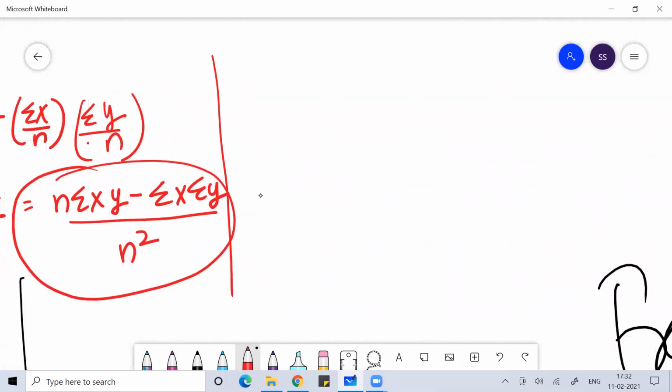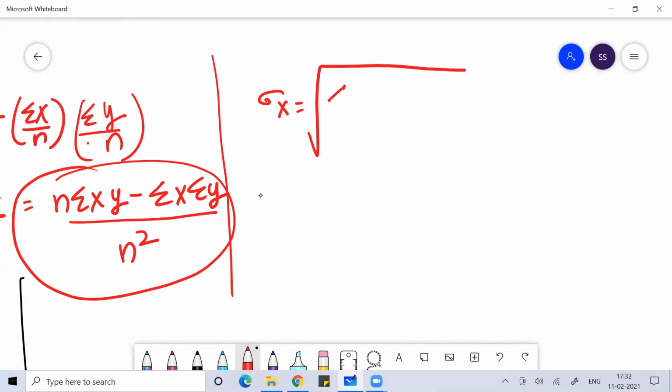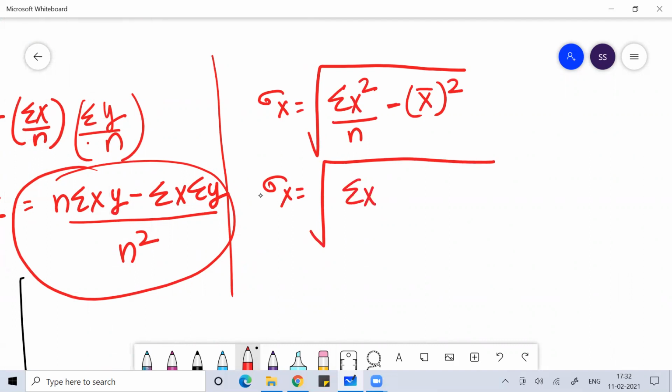Similarly, when I talk about standard deviation of x, you know the formula, that is summation of x square by n minus x bar square. So standard deviation of x is equal to summation of x squared by n minus x bar, where x bar is summation of x by n, whole square.